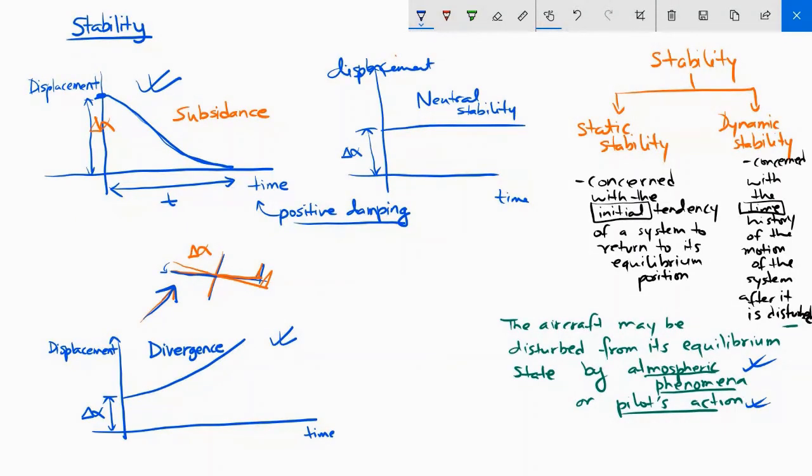Whereas a dynamically unstable system is characterized by negative damping. So in this type of system, what happens is you give it some energy and that just grows. So the angle of attack increased by delta alpha and it just continues to increase.